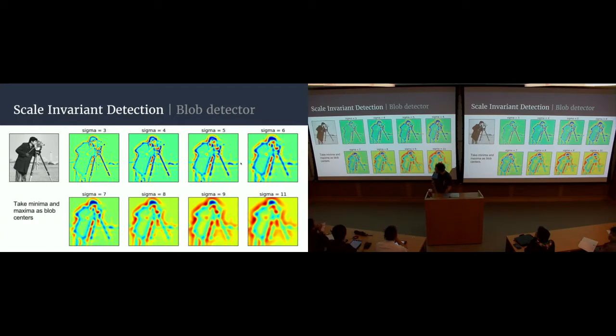This is blurred, so we already destroyed most of our high frequencies. What's this on the slide that I wrote as a hint? You take the maximum values and the minimum values. All of these things are important points. These are the areas that maximize the response.